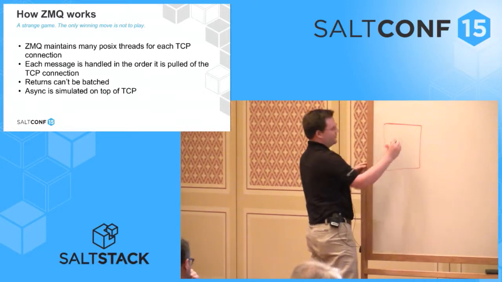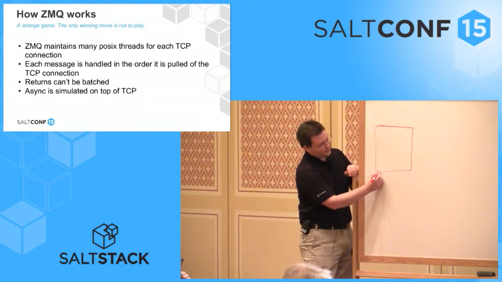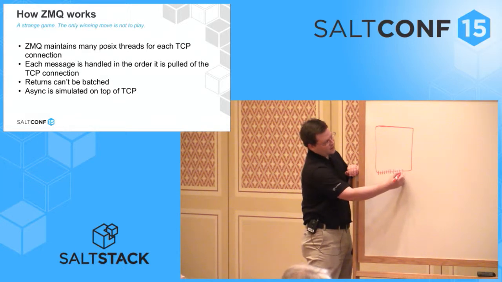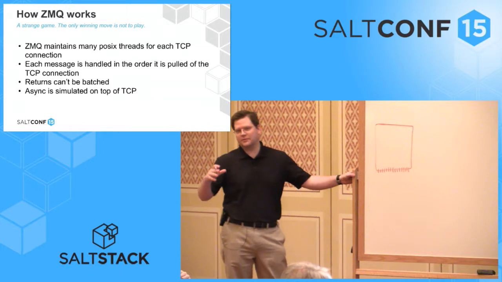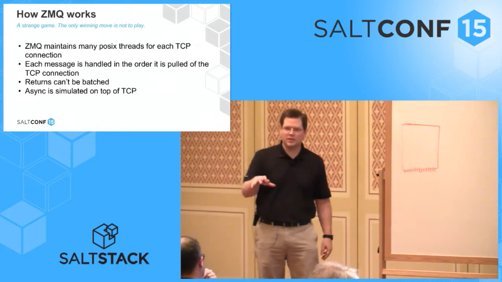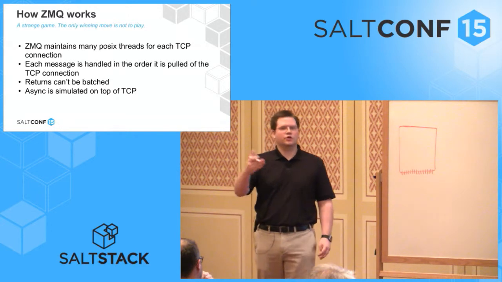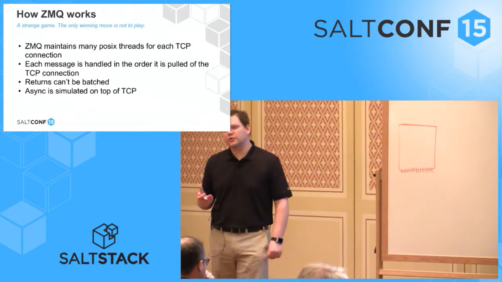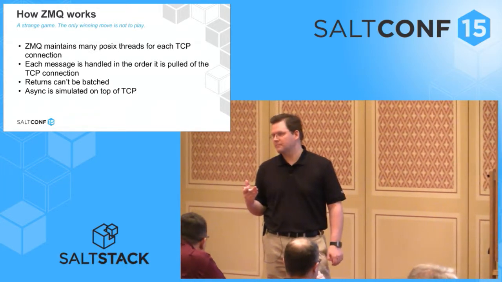Now, ZeroMQ, what it does is that when you have connections come in, for all of the connections that come in, and it's not technically all of them, but most of them, et cetera, it creates lots of POSIX threads. So it creates many POSIX threads to track all of the connections. This is why your file descriptor count goes up really high when you're running a heavy Salt master, okay?